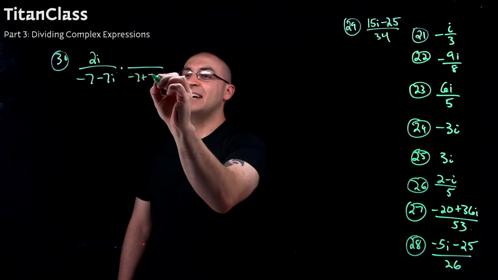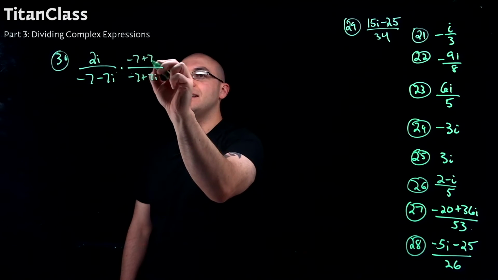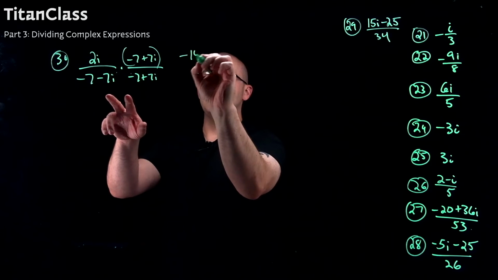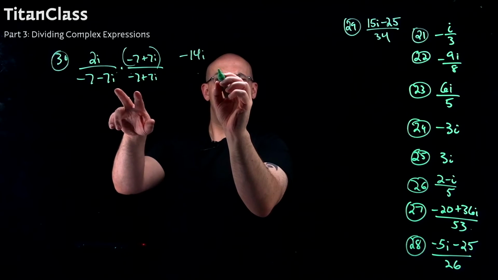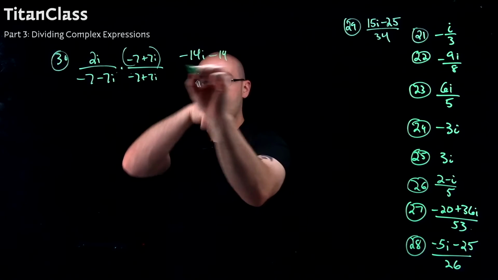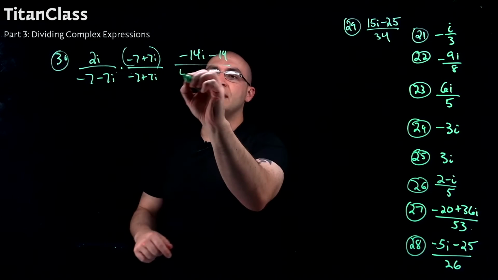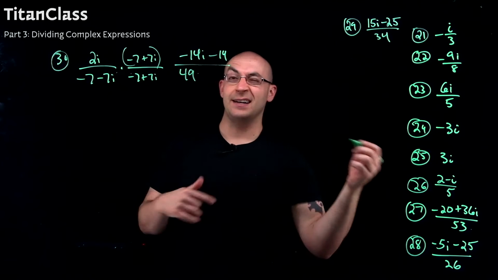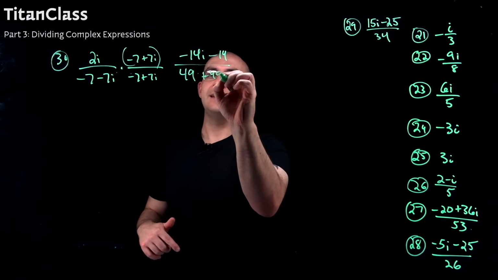Negative 7 plus 7i, yeah, is the complex conjugate. Distribute the 2i on top. Gives me a negative 14i. 14i squared is negative 14. Negative 7 times negative 7 is 49. Negative 7i times positive 7i is negative 49i squared, or positive 49.